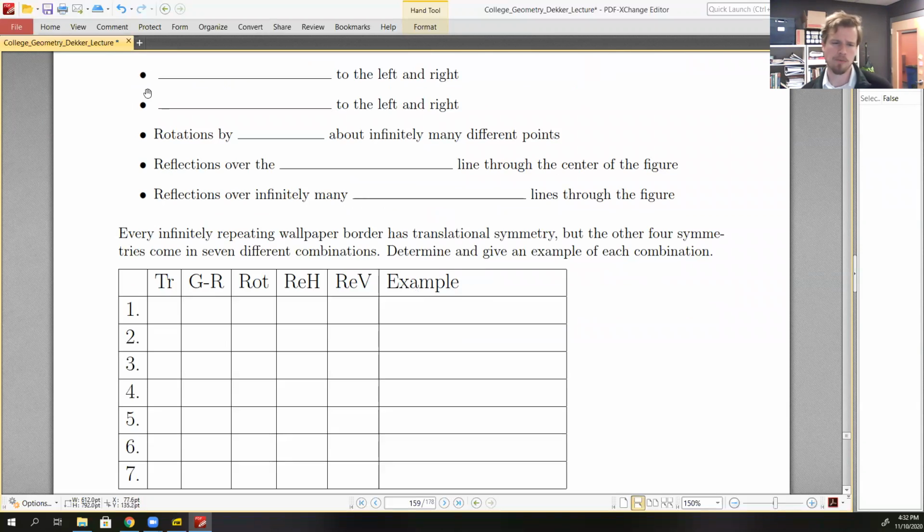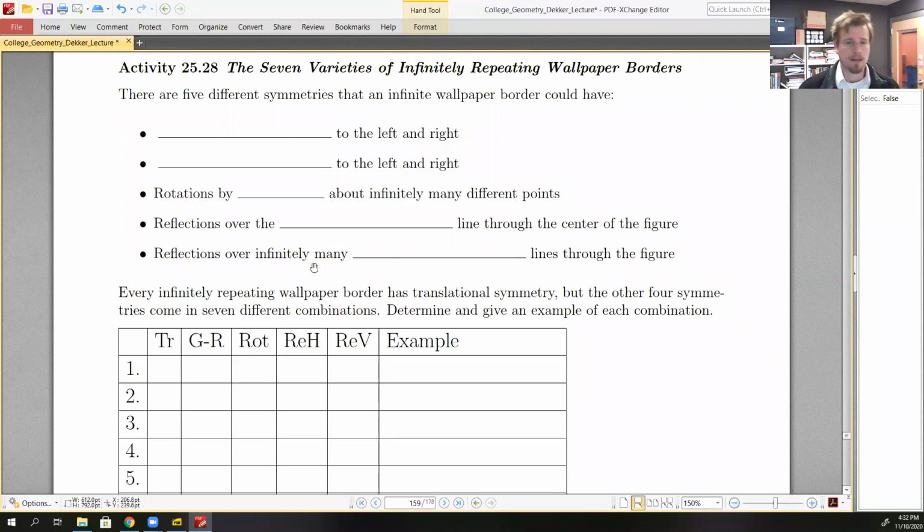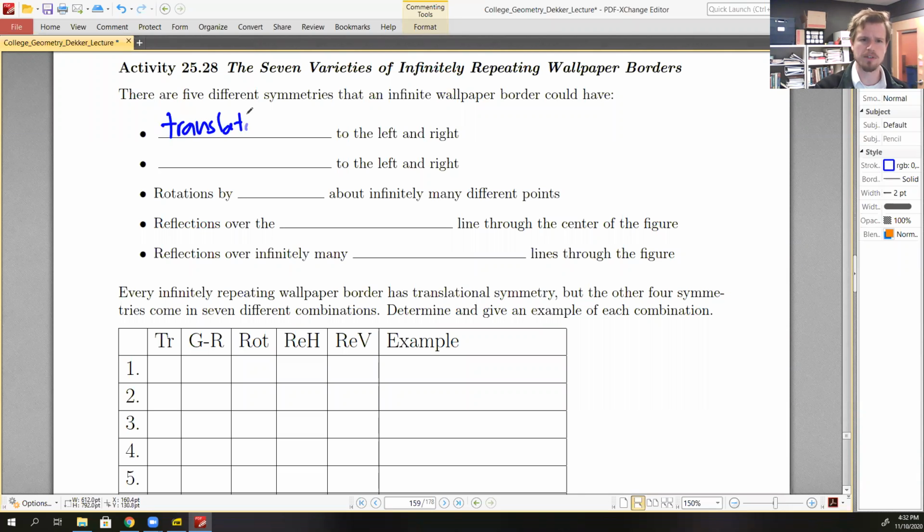And then for these 5, they can be combined in different ways. Although maybe I'll give you a hint because these 2 appear to be the same. I'll start you out by saying that the first 2 should be translations and glide reflections.